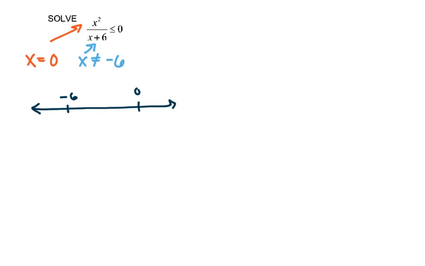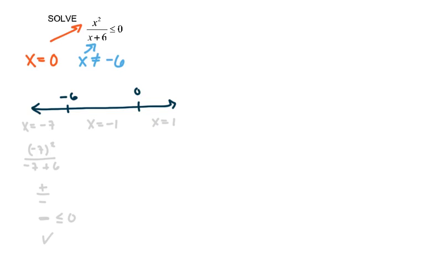So choosing a test value for each interval, I'm going to choose x equals -7, x equals -1, and x equals +1. -7 squared over -7 plus 6. That's a positive over a negative, which gives me a negative value, which is less than or equal to 0.